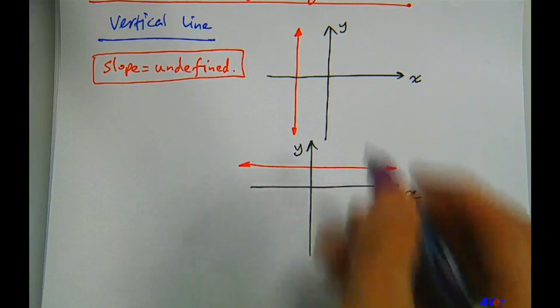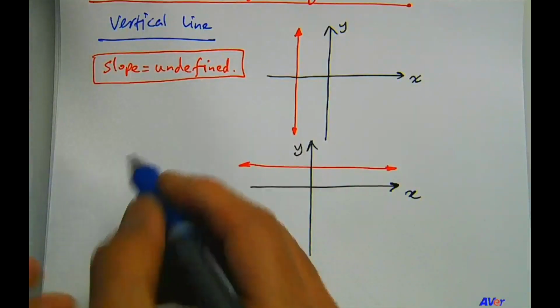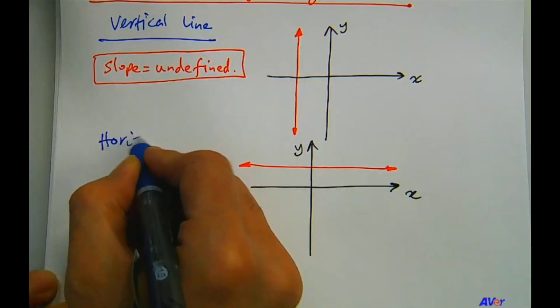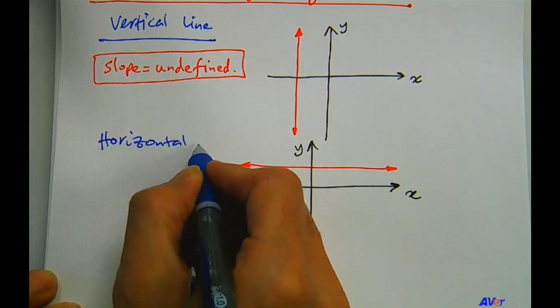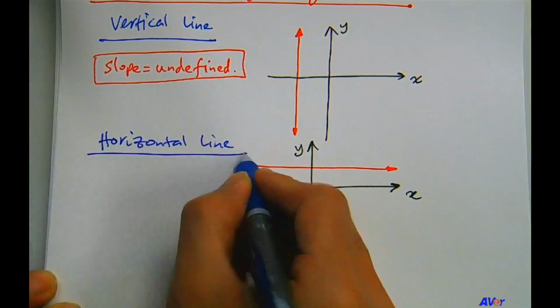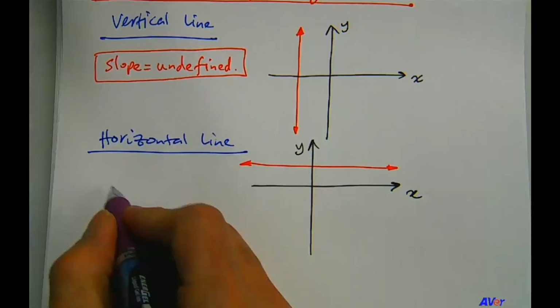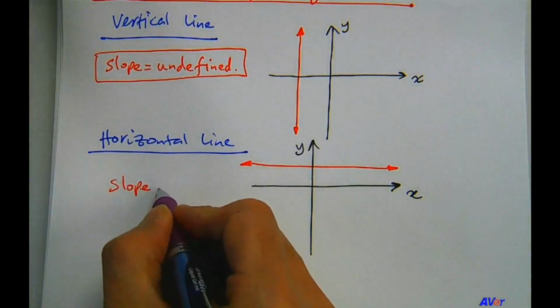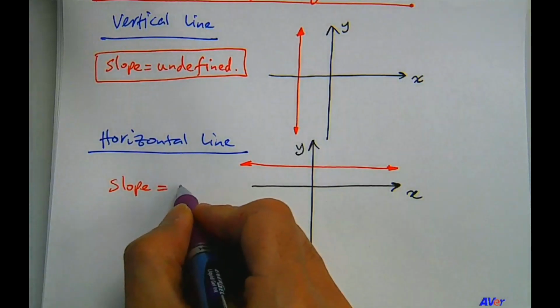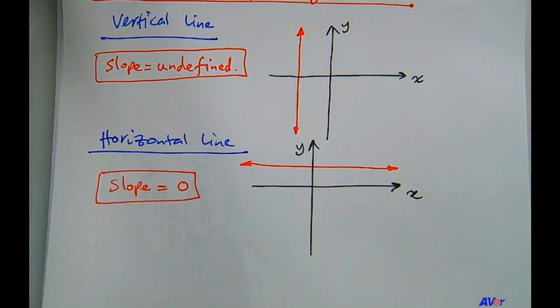So this is for a horizontal line. And the slope of a horizontal line is 0. Okay, these are the two special cases.